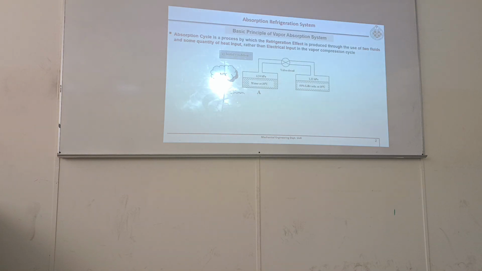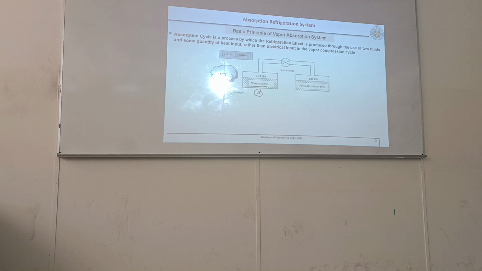Now let's understand the process which occurs in a vapor absorption system. The actual system is not like this one, but just to understand the physics behind it, we are using this system. Only two vessels. In vessel A, there is pure water.